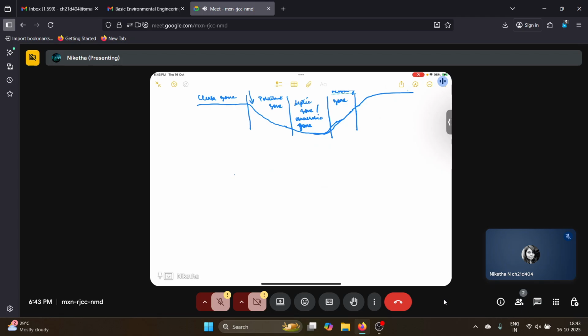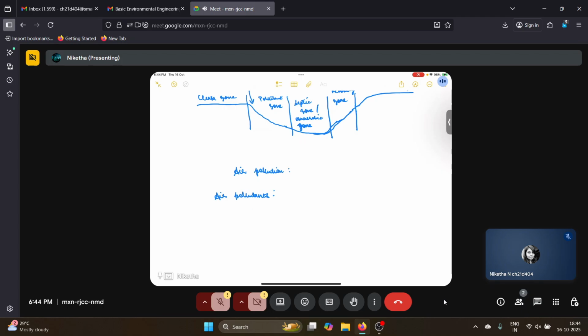Okay, now coming to air pollution. Types of air pollutants can be generally classified into two categories.